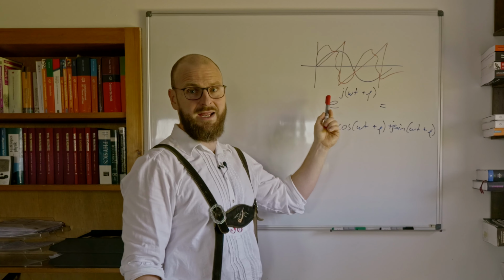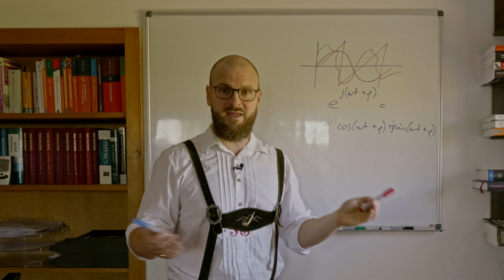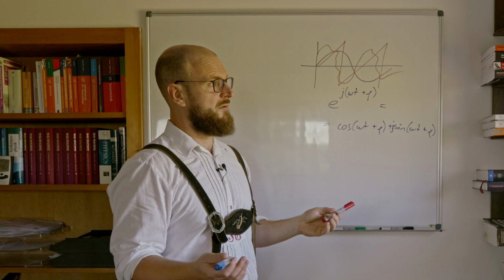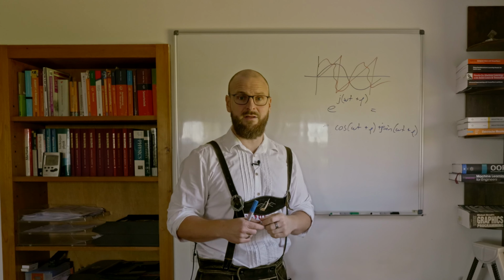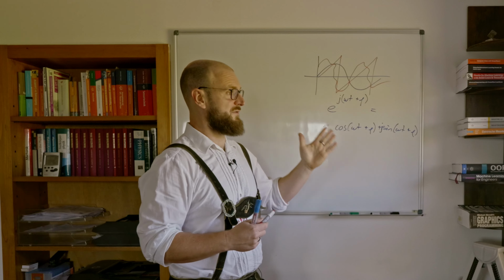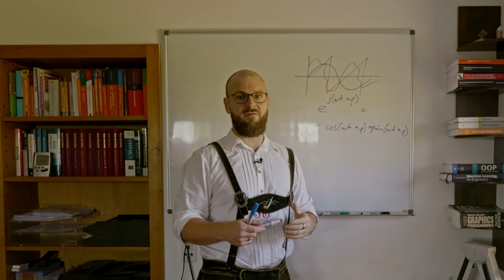Sometimes it's denoted I, we denote it with a J. In the textbooks I read talking about electrical topics, they most of the time use J instead of an I.